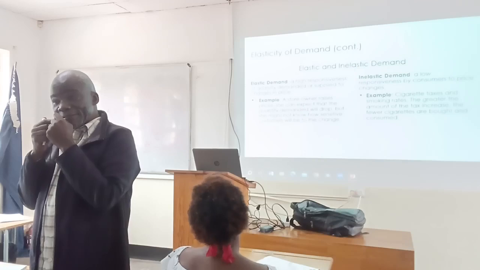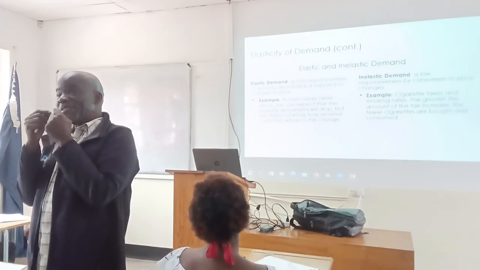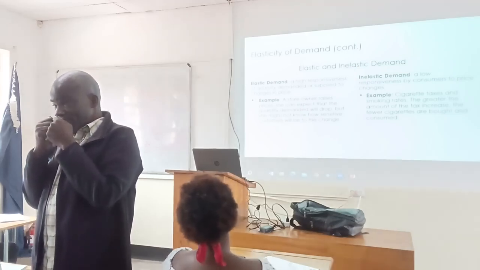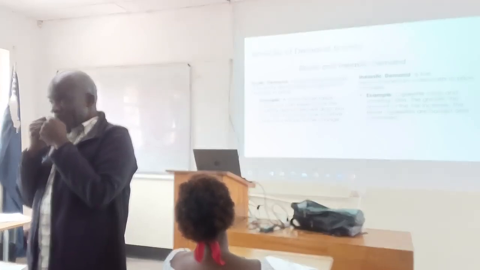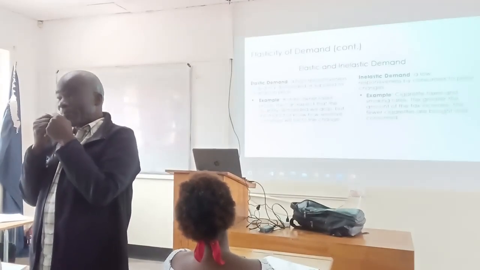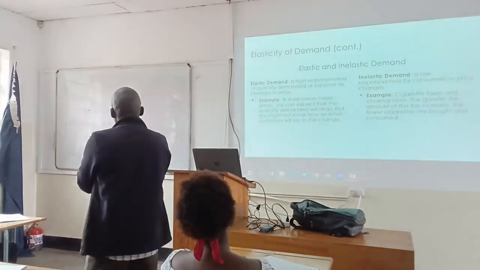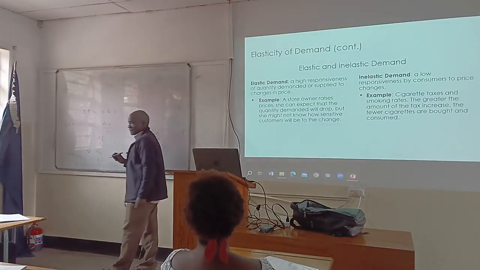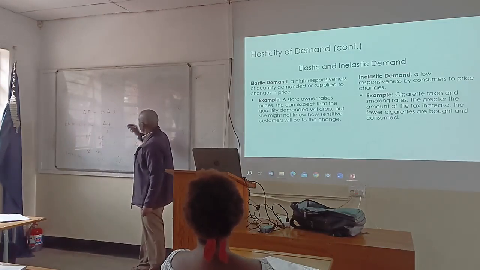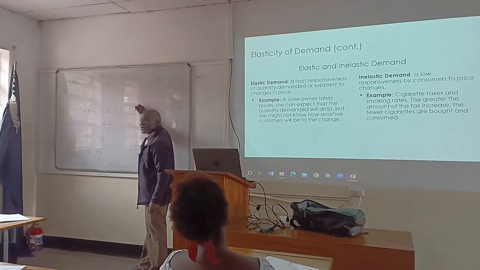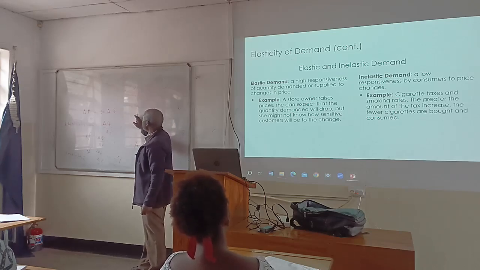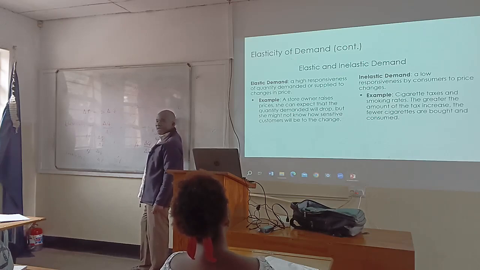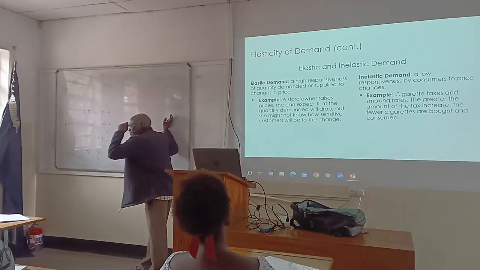When the price goes down, quantity demanded goes up. So if you were here, if this was the price, then you reduce the price, quantity demanded will be so huge that no supplier will be able to meet it.